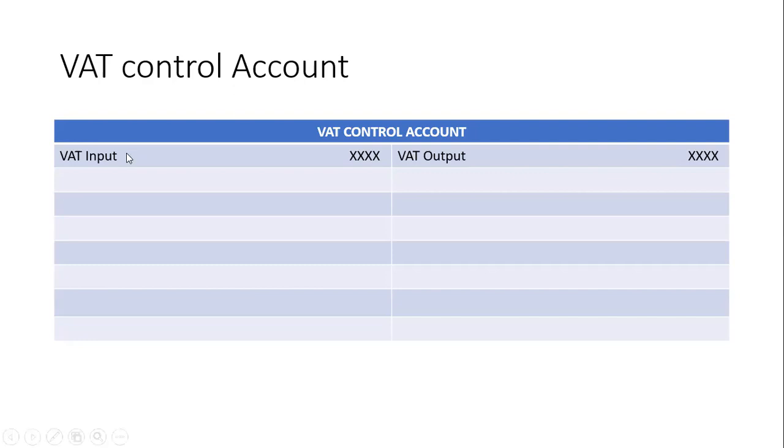We're going to put VAT input on the debit side and VAT output on the credit side, and then we balance. If the balance is on the credit side, then we owe SARS money. That money is payable to SARS. But if the balance is on the debit side, it means SARS owes us money and they have to pay us. So it is basically that.